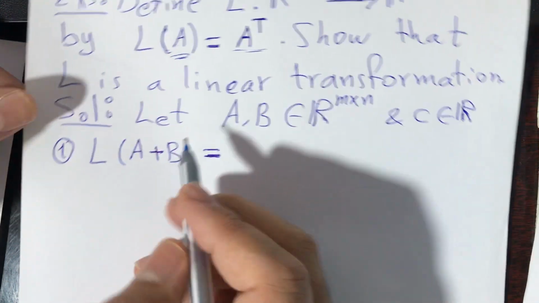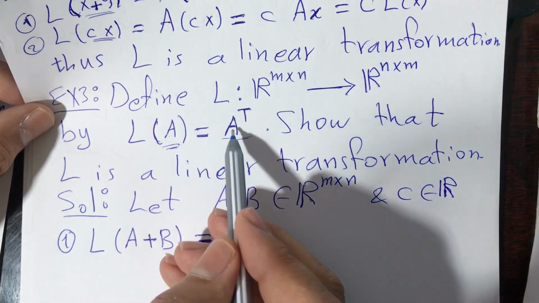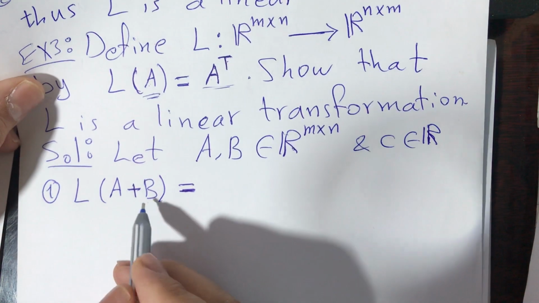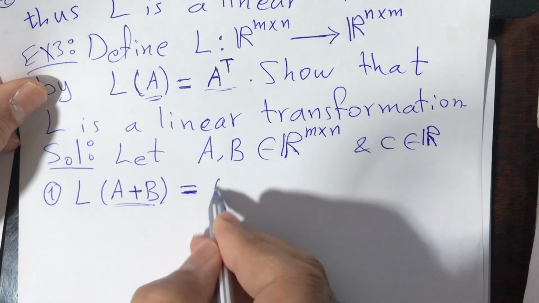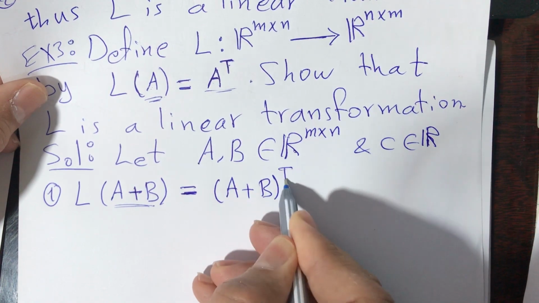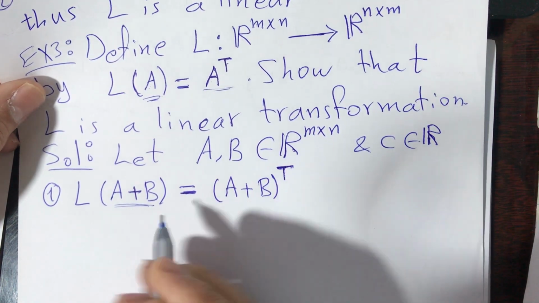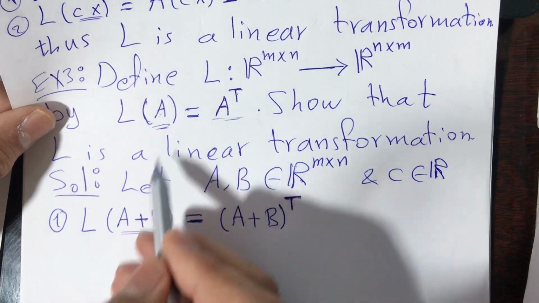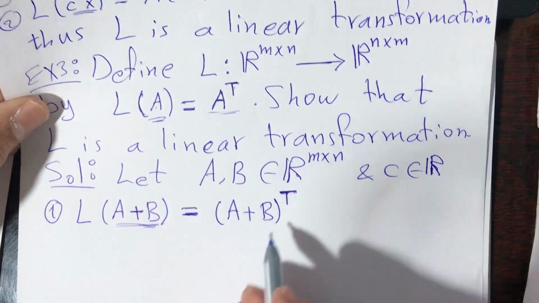By definition, L of A equals A transpose, and here the input is A plus B, so this is (A plus B) transpose.